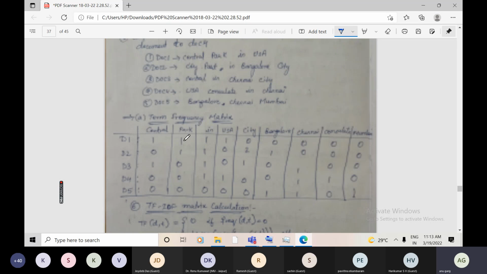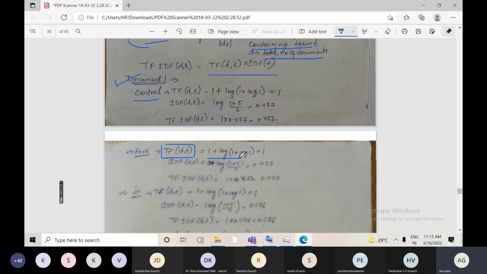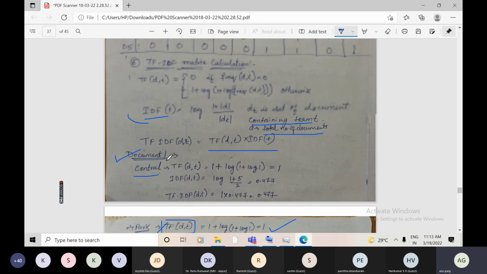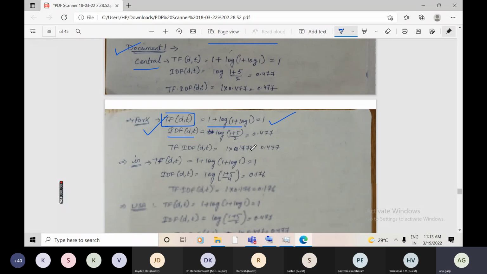Because park has occurred one time in document 1, substitute here 1 plus log 1, so 1. And the IDF value is log of 1 plus total number of documents 5, divided by the number of documents park has appeared in, document 1 and document 2, so 2. So that's why divided by 2, and then you get the value.